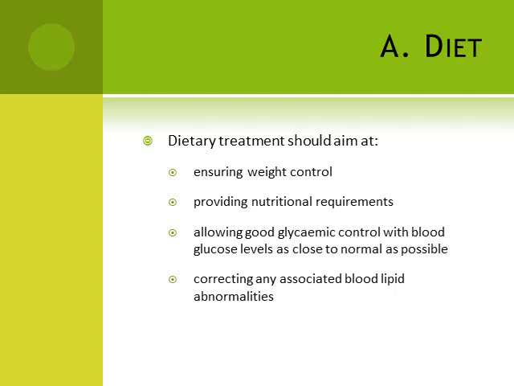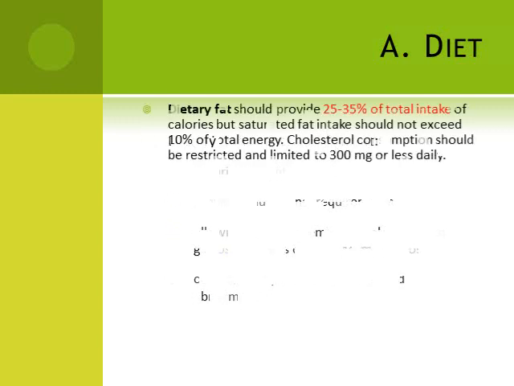Complex carbohydrates and protein intake all have a low glycemic index. So in diabetic patients we should prefer food which is low in glycemic index. And the fourth point to keep in mind while tailoring a diet plan is that it should also correct the associated blood lipid abnormalities.